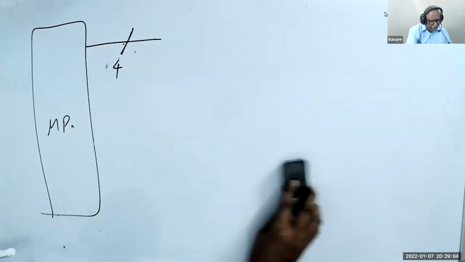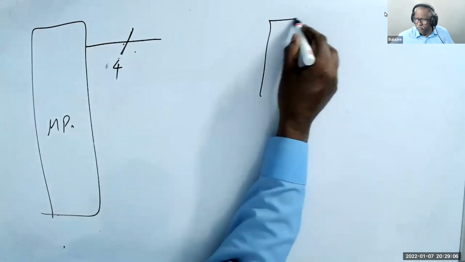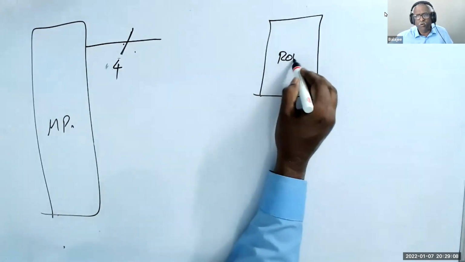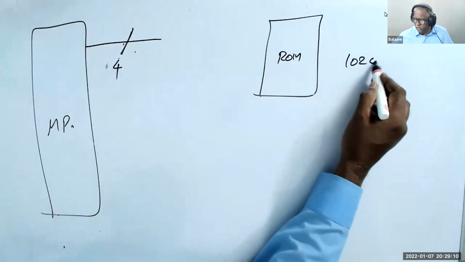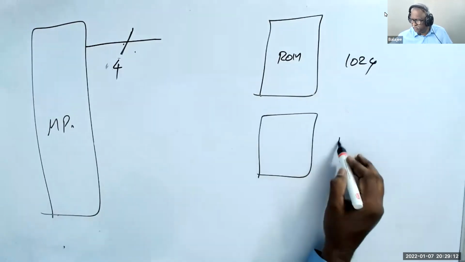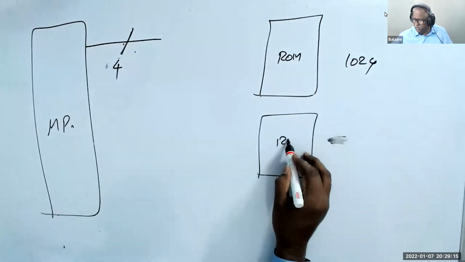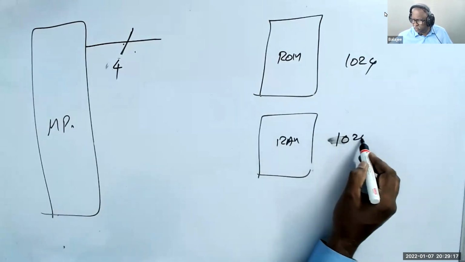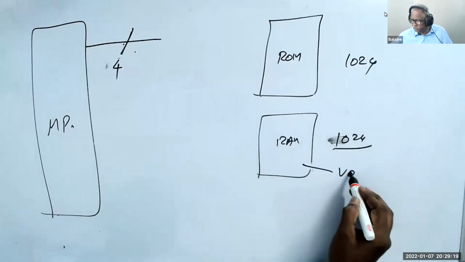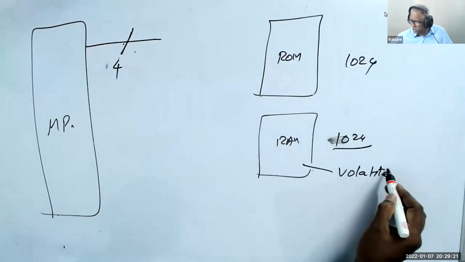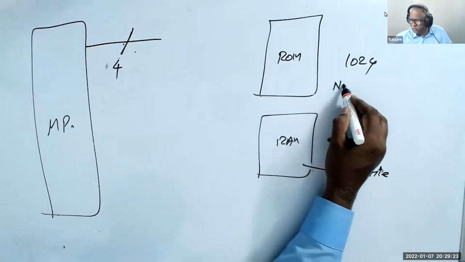Now let us assume that I have a ROM which is 1024, and a RAM which is 1024. RAM is volatile. ROM is non-volatile.